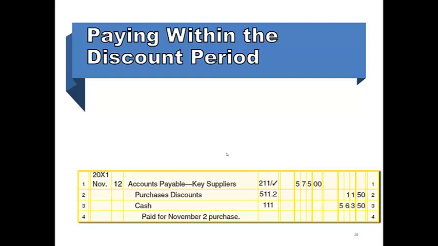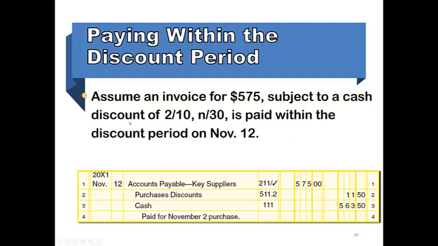So we had a total of $575 owed, and there was a 2% discount if it was paid in 10 days, and it says that this invoice was paid within the discount period on November 2nd or November 12th. Okay, so we had initially put $575 in accounts payable.